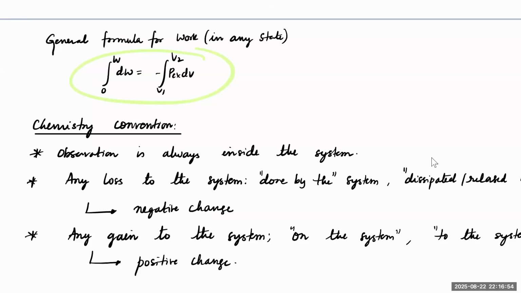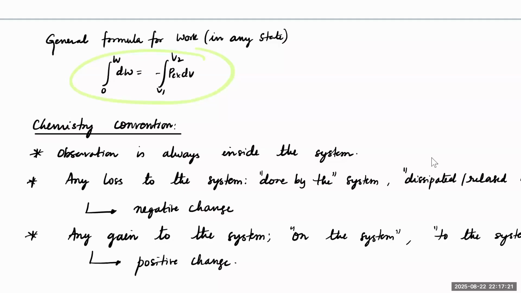In physics, you are an observer who is outside the system, and you try to observe what is happening to the system. In chemistry, we will not do that. We sit in the system and observe the changes happening around it. So as per chemistry's convention, observation is always inside the system.